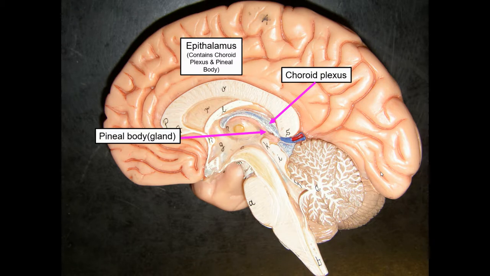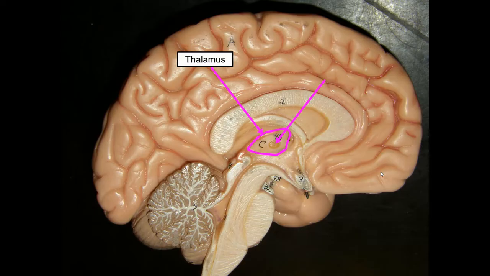Well, the red-blue structure is a choroid plexus, and a choroid plexus is a tuft of blood vessels that secretes cerebrospinal fluid. The pink tadpole-looking thing is the pineal gland or pineal body. Remember, that's an endocrine gland that secretes the hormone melatonin.